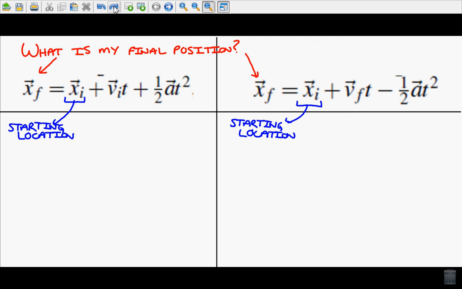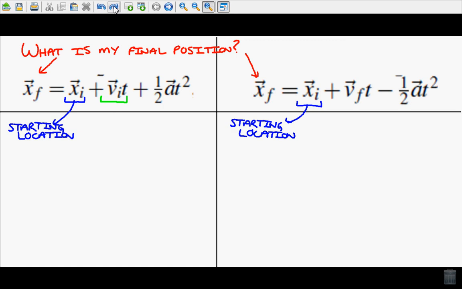If we look at the second part of each of these equations, you'll see that velocity is being multiplied with time. So ignore the fact that it's an initial velocity or a final velocity. Basically, it's just velocity multiplied with time.